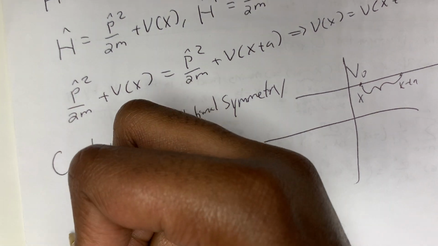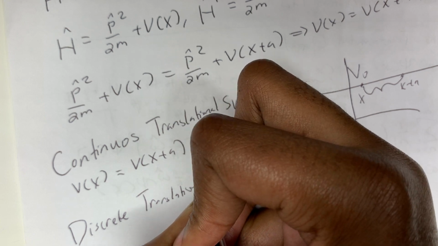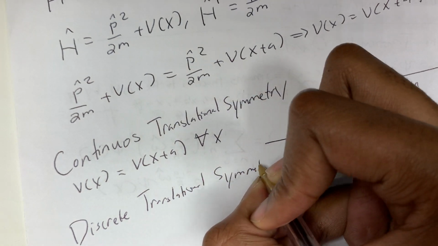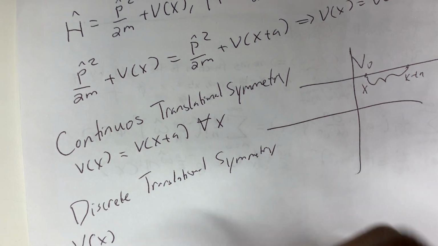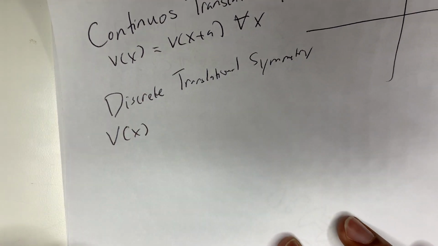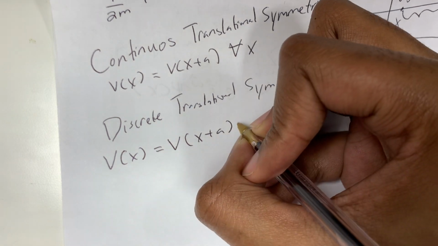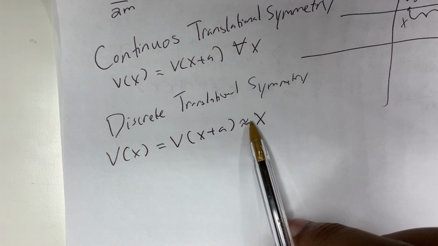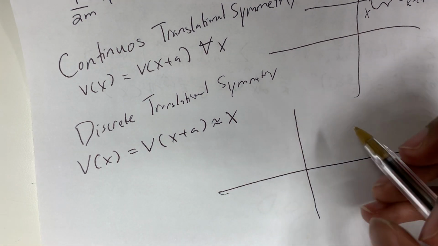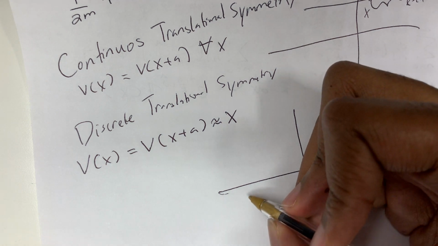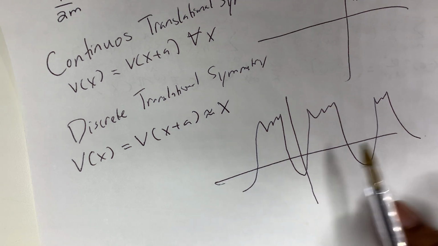Now we have a discrete translational symmetry. That just means that v of x equals v of x plus a for some x. This is what this symbol means, for some x. Okay. So this corresponds to having a periodic potential. So it may go up, then go down, then go up, then go down, then go up, and so on. Maybe it just terminates there.